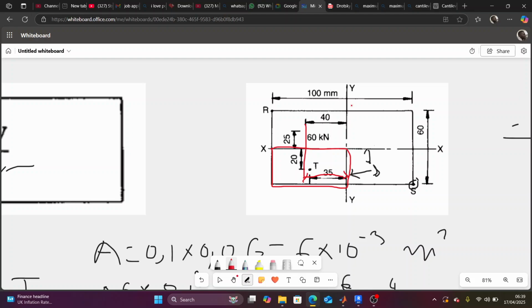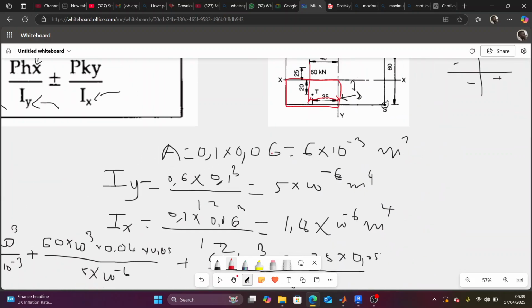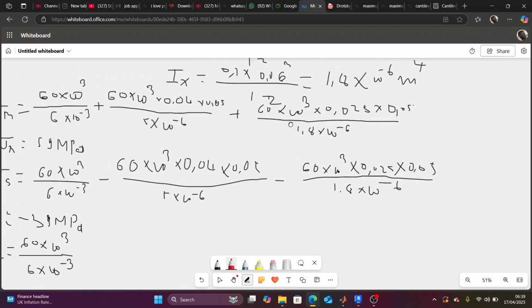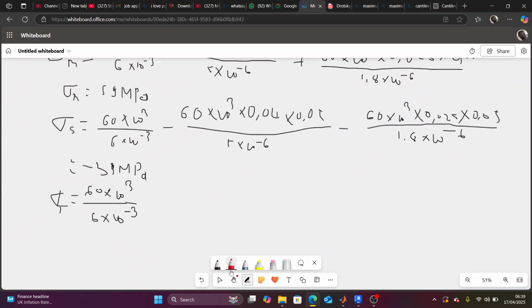I'm still on the y-axis. Because of that, the sign of our moment about y should be positive. That is the only reason why here you're going to have positive 60 times 10 to 3.